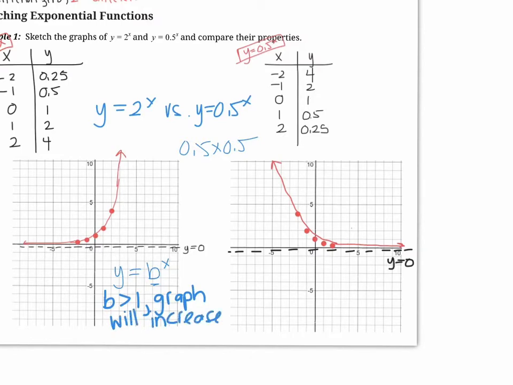And if our base is less than 1, but also has to be greater than 0, otherwise it's not an exponential relation, so we're talking about 0.5, 0.25, 0.99, any numbers between 0 and 1, then the graph is going to be decreasing. Which is why when we had a base of 2, our graph increased, and a base of 0.5, our graph decreased.